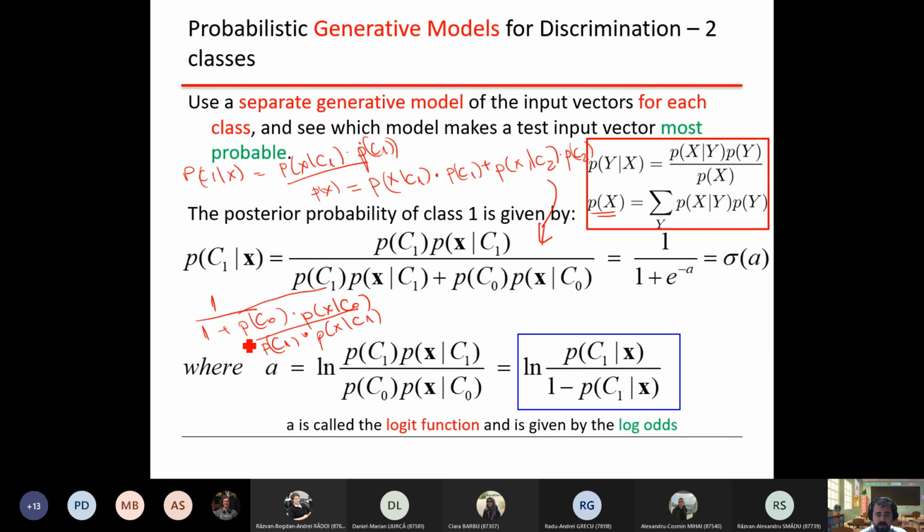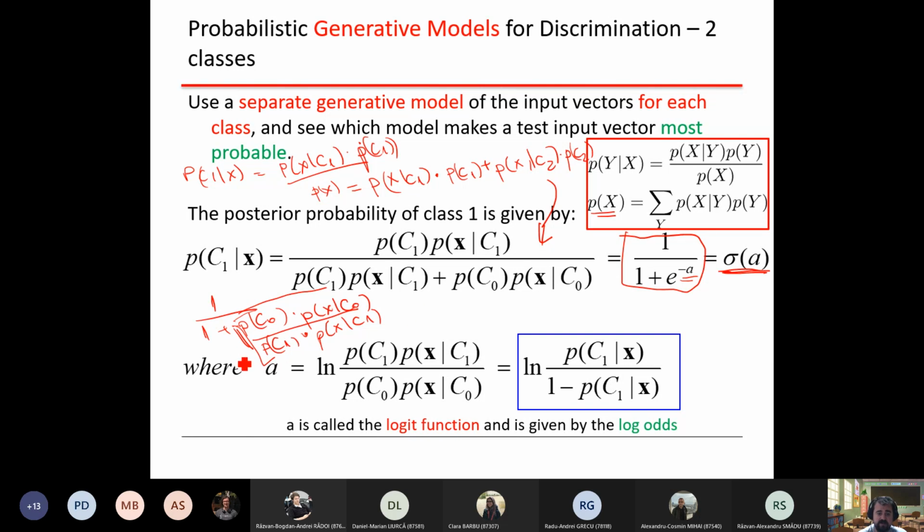Now, this fraction we will be writing as the sigmoid function that is defined like this. And in order to have this sigmoid, this term from here will have to be written as e to the power minus a. And now we'll have to derive this minus a to see what's happening there.